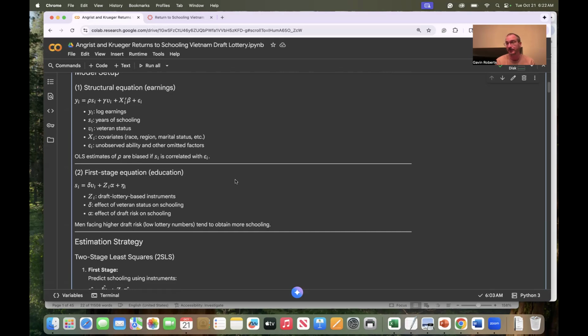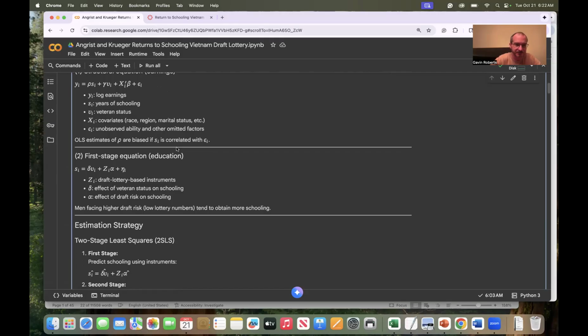Draft lottery numbers are also, of course, correlated with being a veteran. If you have a low draft lottery number, you're more likely to have been drafted and be a veteran. That might impact earnings. That's going to be important to think about.